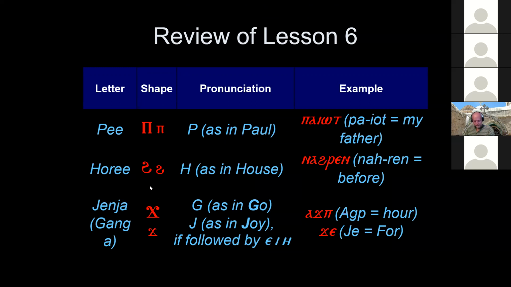The Hori looks like a backwards S, this is the H sound, like Naharin. And then the Janja, which looks like a triangle with two hats on top. So this is the G or J. Most of the time it's G, like Agios. And if it's followed by an E vowel, then it's a J, like Benio. Okay, so Pi is P, Hori is H, Janja is G or J.